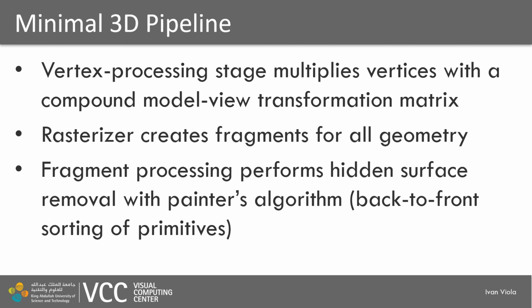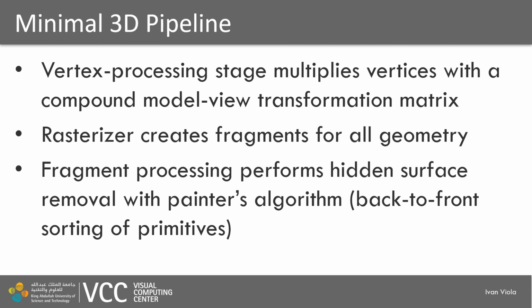After such a pre-processing stage, the coordinates of the geometry of our objects or our points are in the screen coordinates and are ready for the rasterizer to do its job and generate fragments for all the geometry.